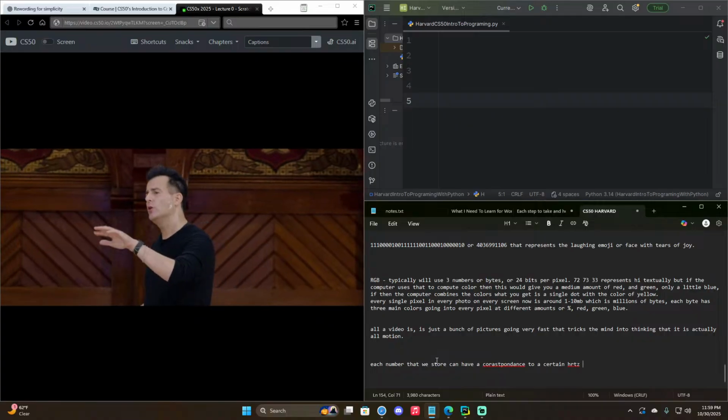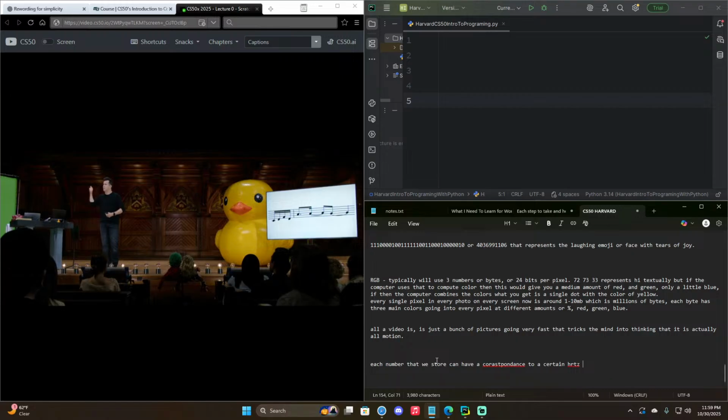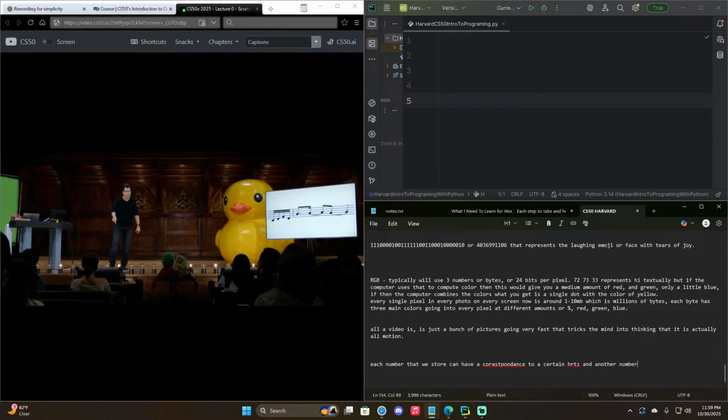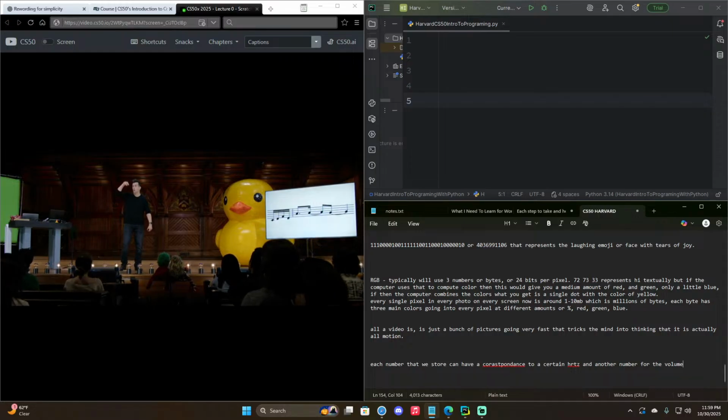But maybe pitch alone or frequency alone is not enough. Maybe we need that number, but maybe a second number for the volume, the digital equivalent of how hard you are hitting the key on the piano. Maybe a third number for how long you are holding the key down.